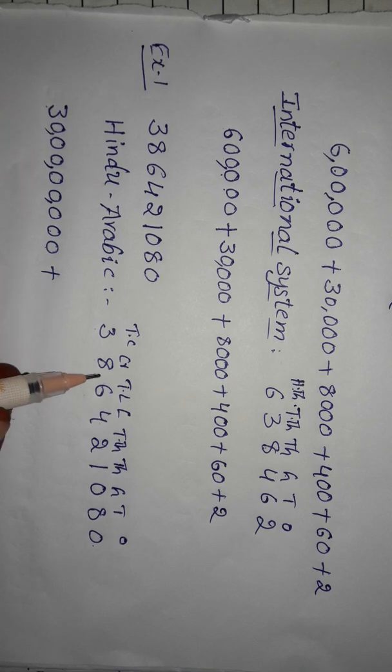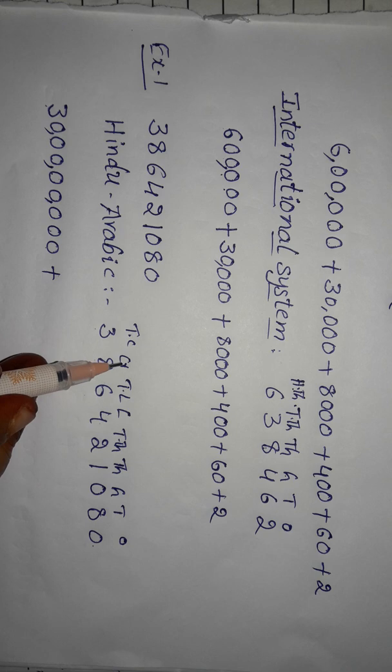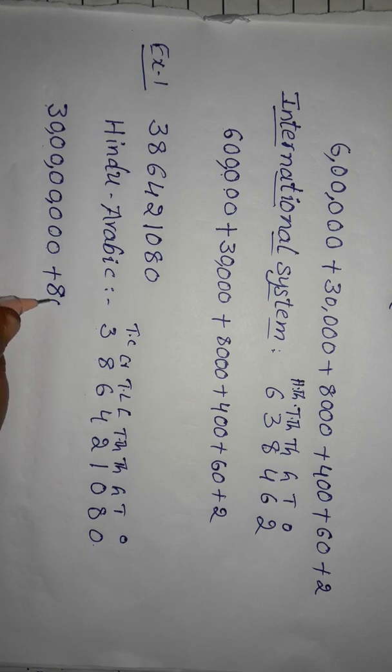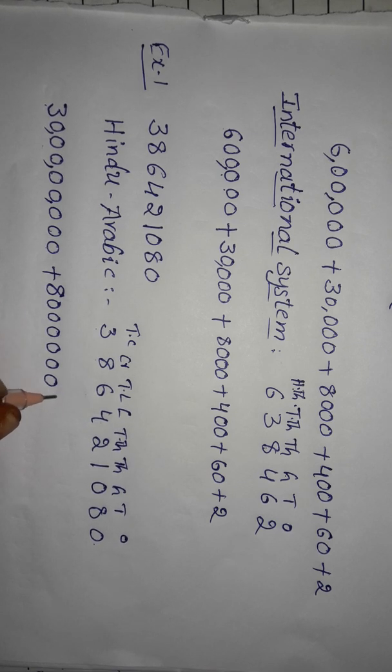Completed. Next, 8. 8 is in crores place. So, 8 crores. How many zeros shall we write here? Here we wrote 8 zeros. So, here we have to write 7 zeros. 1, 2, 3, 4, 5, 6, 7.